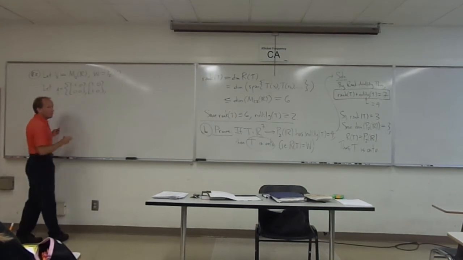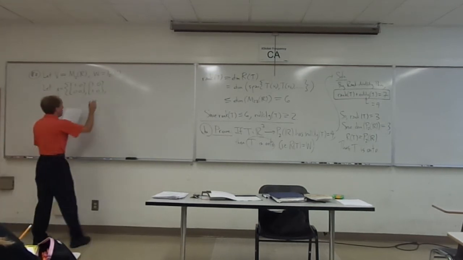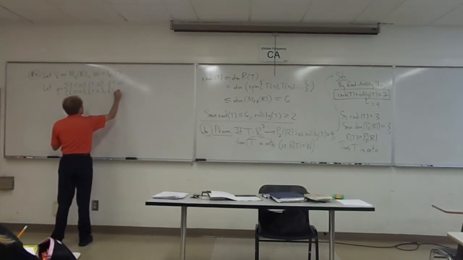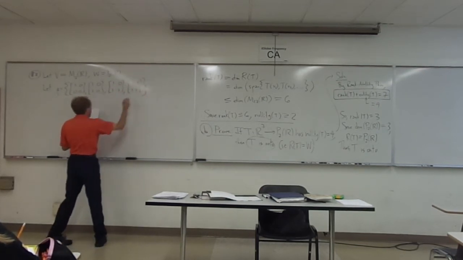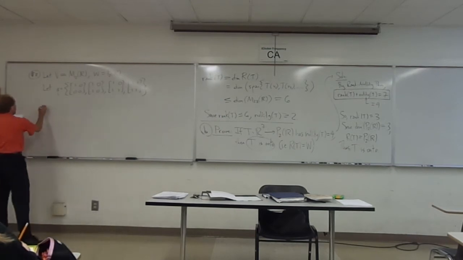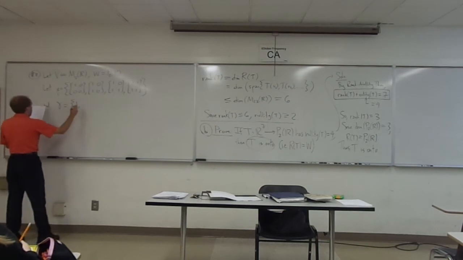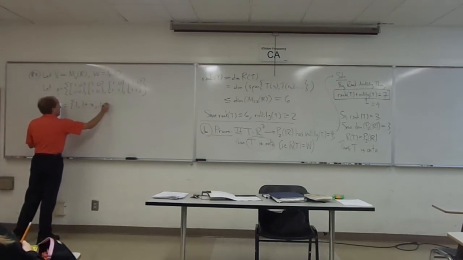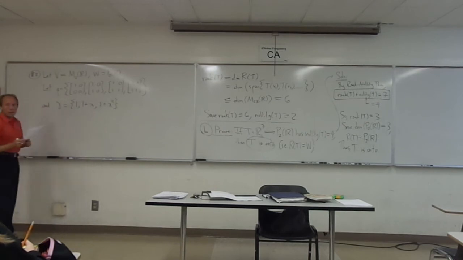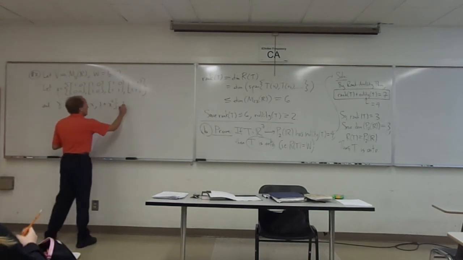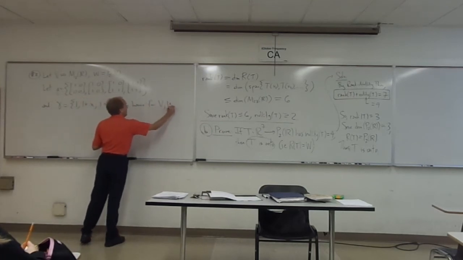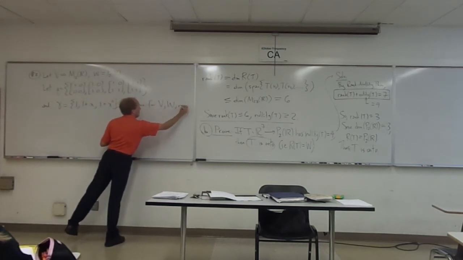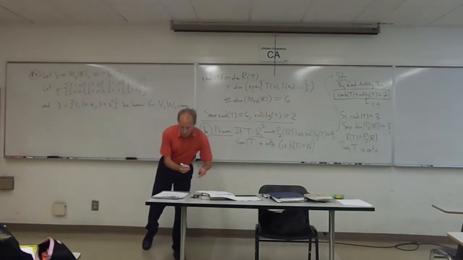These are not standard bases. Then the third one is [1, 0; 1, 1], and the fourth one is [1, 1; 1, 1]. And then we're going to take another basis, I'll call it gamma, for W, which is 1, 1 + x, and 1 + x^2. Let these be bases for V and W respectively.